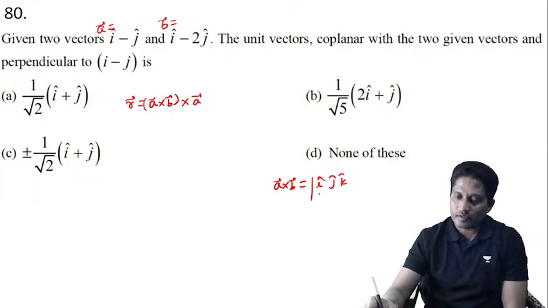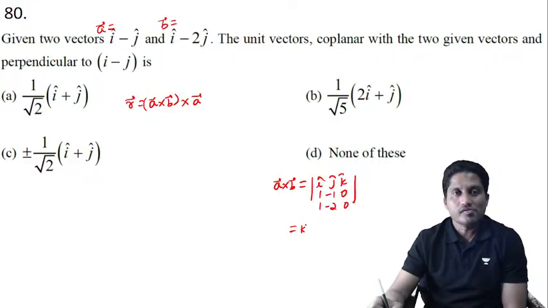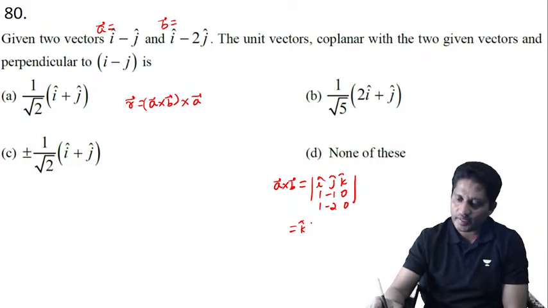Components of A will be 1, minus 1, 0. Components of B are 1, minus 2 and 0. You get only the k component. You will get this as minus 2 plus 1, which is equal to minus k.